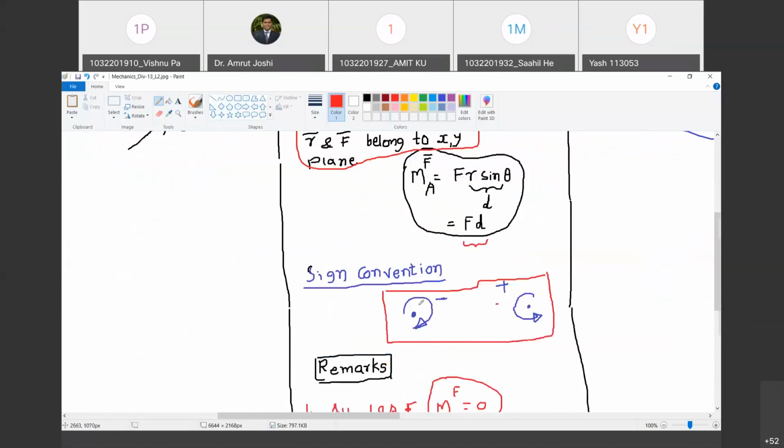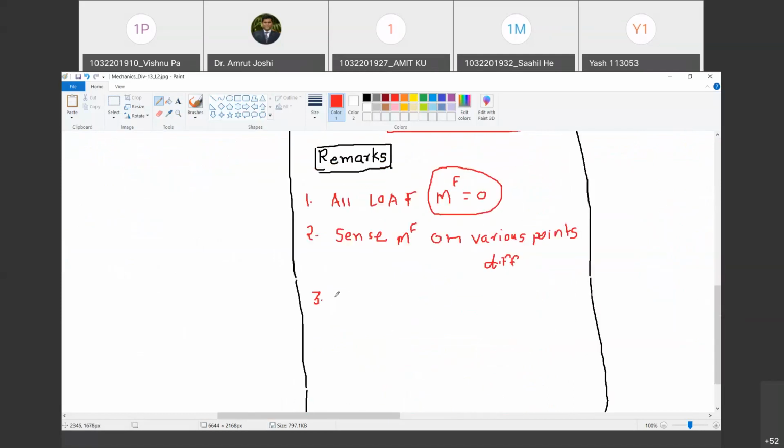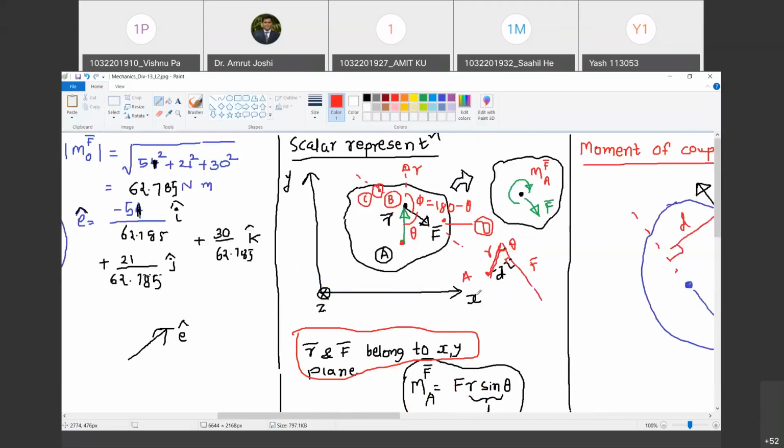That means not only the sense, the magnitude of moment produced by force F on various points of the body will change, depending upon the distance, or perpendicular distance, of that point from line of action of force. So magnitude on various points also is different. These are the three remarks that I want you to understand. Happy? Now, the fourth and last remark.